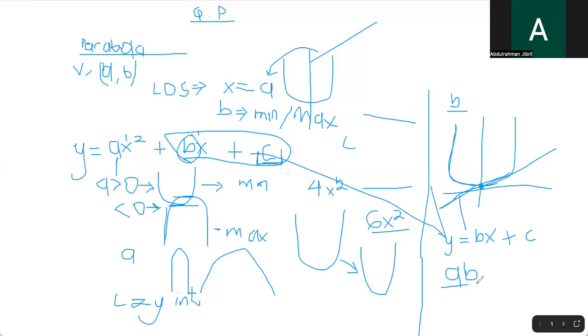Now, whenever you find the product of AB, you look at the sign, whether it's positive or negative, and we use that to determine the sign of the x coordinate of the vertex. Okay, x coordinate of the vertex.